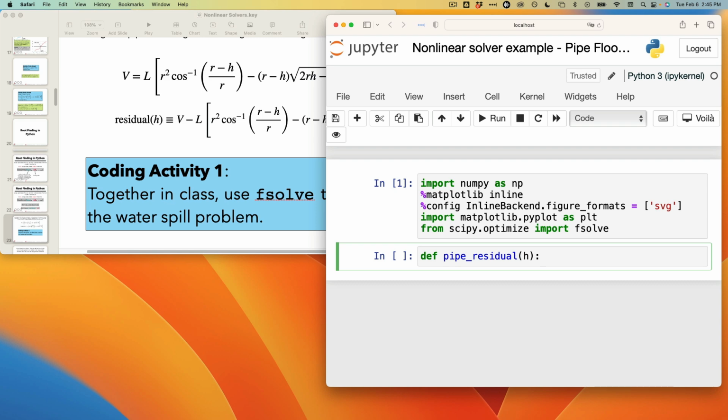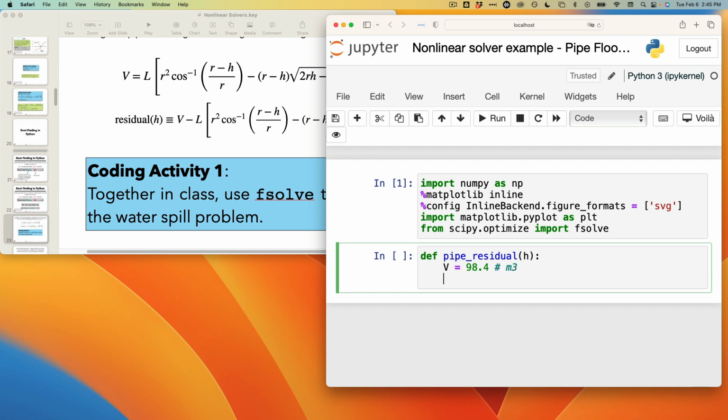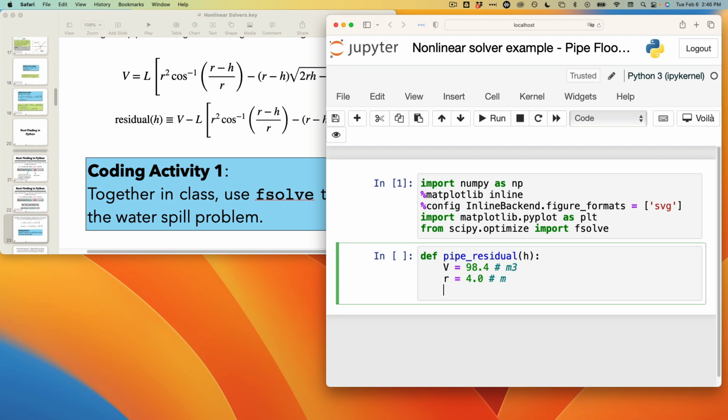Because fsolve is going to keep passing h values to the residual function until it finds the root. So that's why we need that argument of the variable of interest. Okay, so we have V equal to 98.4 cubic meters, and R, the radius, which was 4 meters, and L was 15 meters.